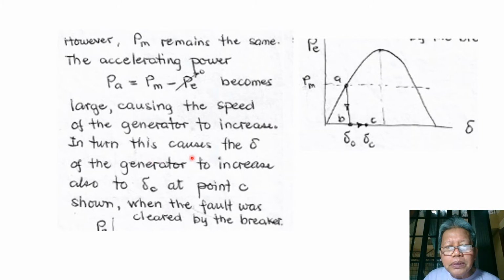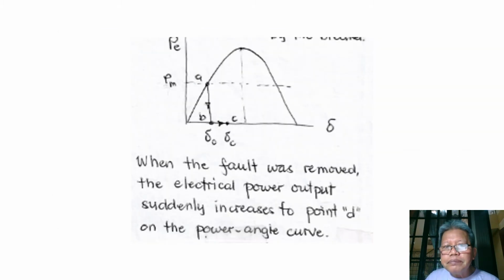Now in turn, this causes the rotor angle of the generator to increase from delta O to delta C as shown when the fault was cleared by the breaker. So at point C, the fault was removed through the action of the circuit breaker.